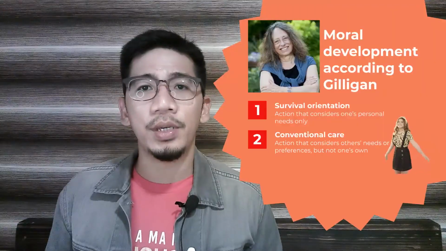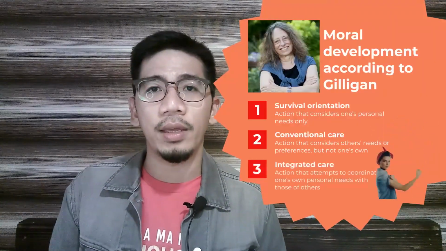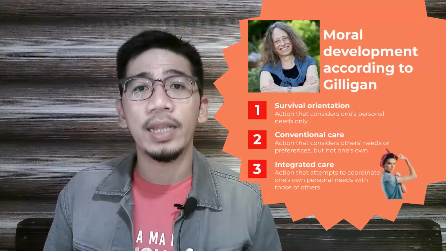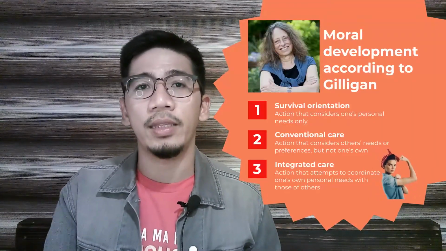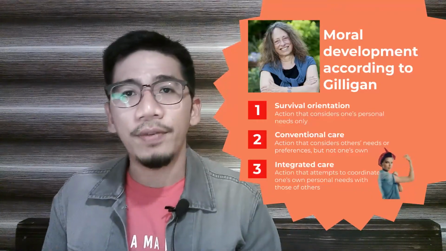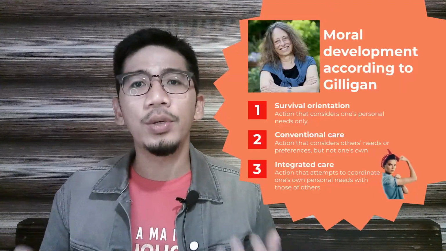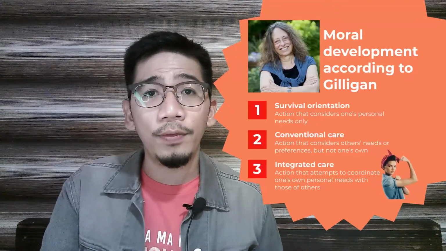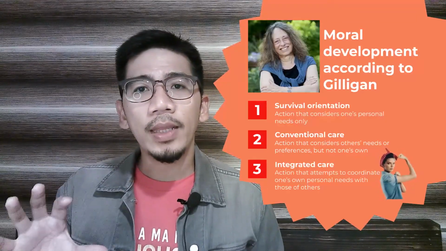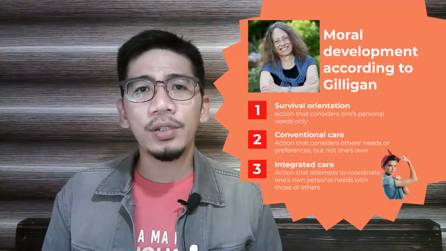The last position, position number 3, is integrated caring. The most developed form of moral caring in Gilligan's model is integrated caring, the coordination of personal needs and values with those of others. Now, the morally good choice takes account of everyone, including yourself, not everyone except yourself.